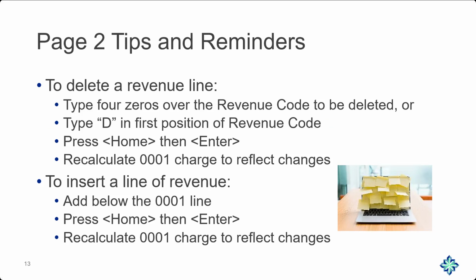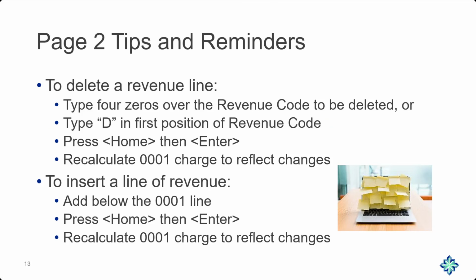Like with page 1, I do have some tips for you regarding page 2. So I'd like to outline the process here for adding or removing a line of revenue. We've actually gotten this question a lot. It is outlined in the DDE manual.